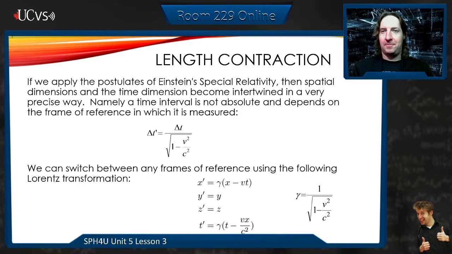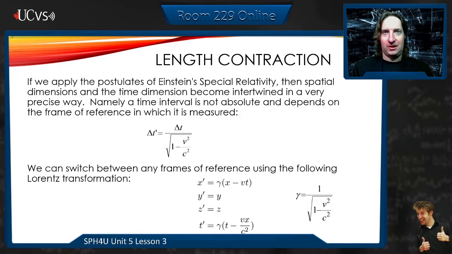The link between time and space depends on velocity. Time sort of gets mixed up with the spatial dimension when we start traveling close to the speed of light. Namely, a time interval is not absolute and depends on the frame of reference in which it's measured, the velocity of that frame of reference.